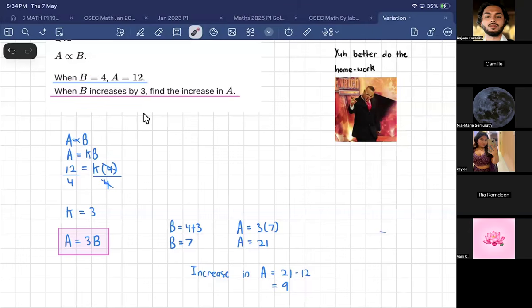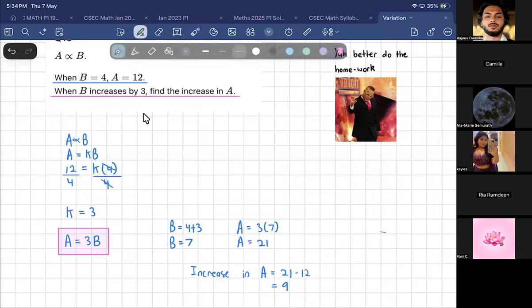I'll run it back one more time. Let me just say I was working for $20 an hour right now, and I tell you the amount of money I get increased by 5. How much money am I working for now? 25. If I wanted to find the increase, what would I do?